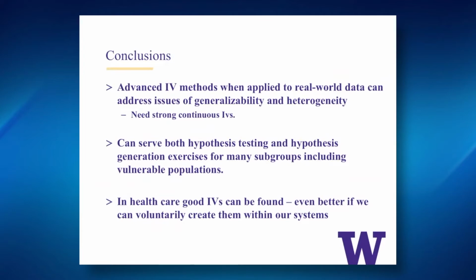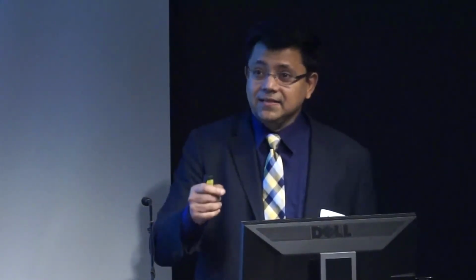I think in healthcare, good IVs can be found. That's what I have found in my work. But the more important thing is that because we have such good methods to understand this, if we can randomize, so IV is a method of randomization, we should be thinking about placing these randomization methods or creating this IV when generating system level interventions.